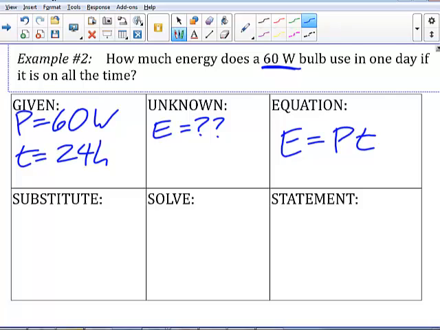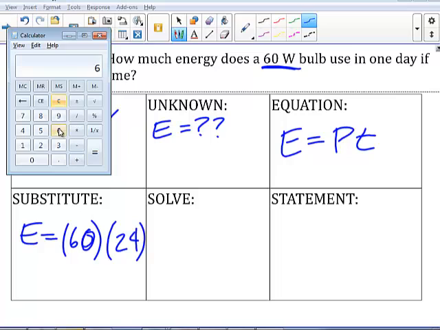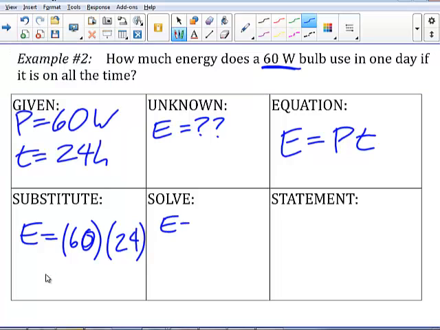So now we're going to substitute these numbers in. So we plug in the 60, we plug in the 24, and then we're going to bring up our calculator. And that is going to be equal to 1440 watt hours.